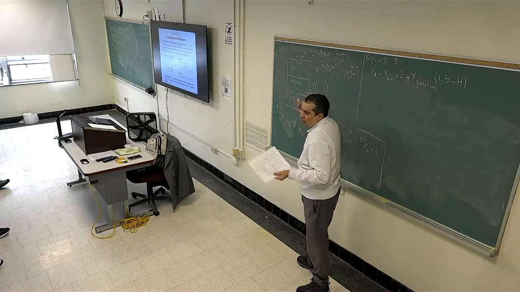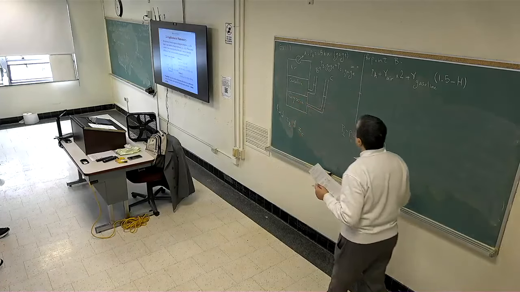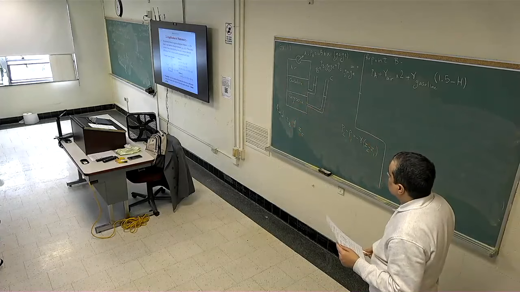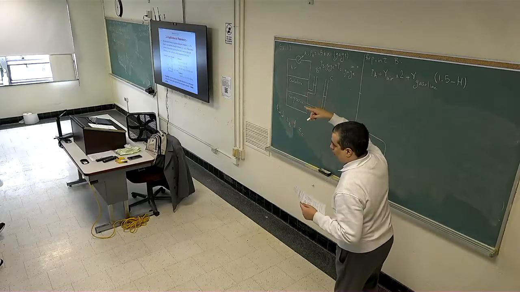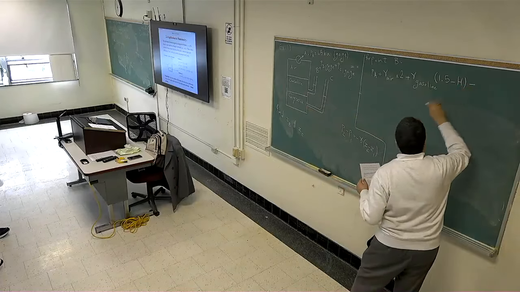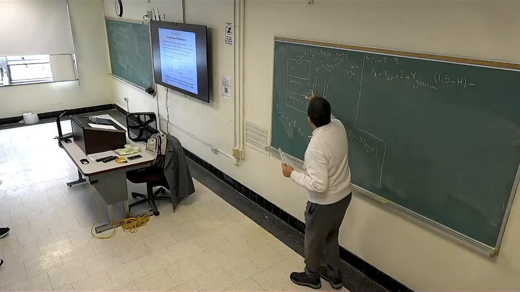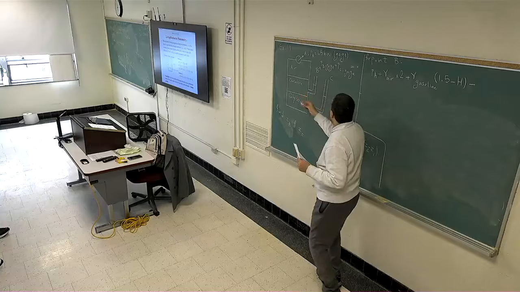This horizontal, no change. From here to here, I go up. How much do I go up? First, I go up, so it should be negative. In which liquid do I go up? Gasoline.